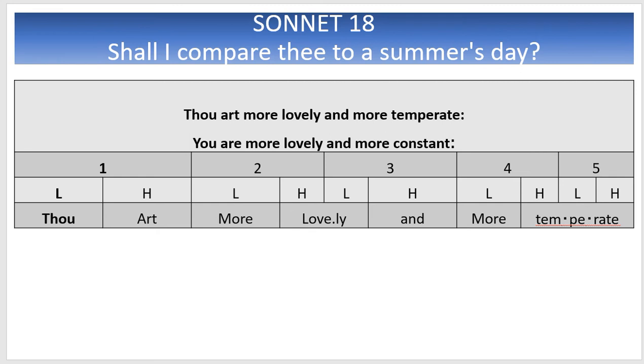Now, thou and art are the first components of the first foot. Thou is low in prosody, art high in prosody. This is the first foot. Then more is low in prosody, and lovely is divided into two syllables. So the first syllable goes with more. More is low in prosody and the first syllable of the word lovely is high in prosody to form the second foot.